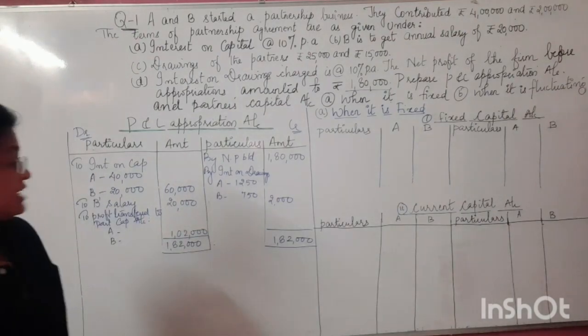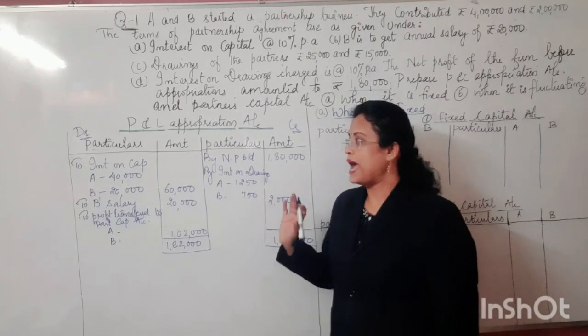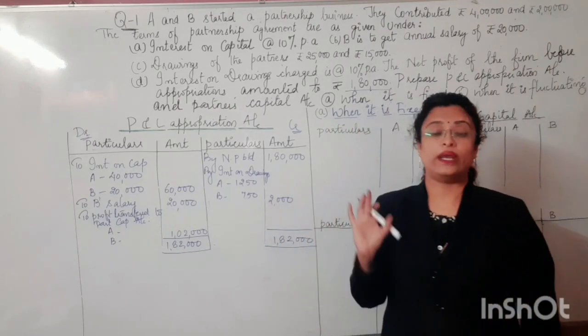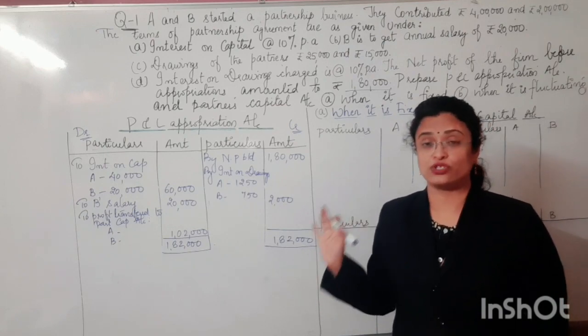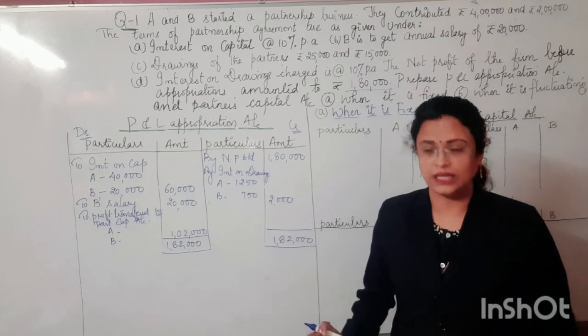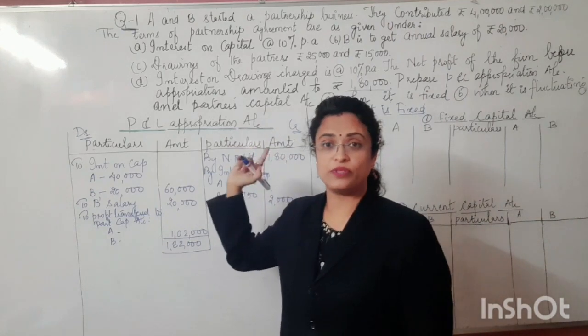Now this profit has to be distributed between A and B. You can see in the question that no ratio is mentioned. In case of a partnership, whenever the question is silent about the profit sharing ratio, we need to distribute the profit equally.